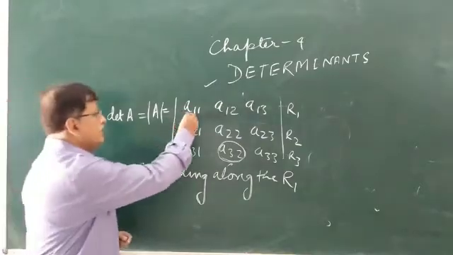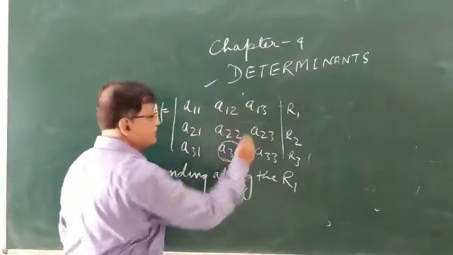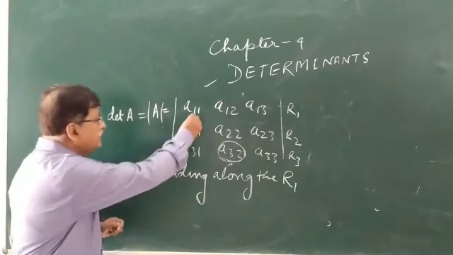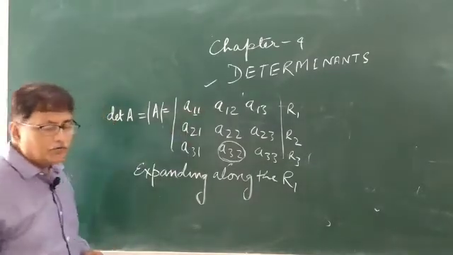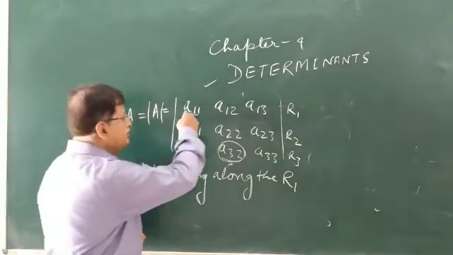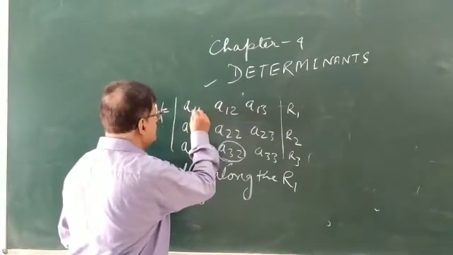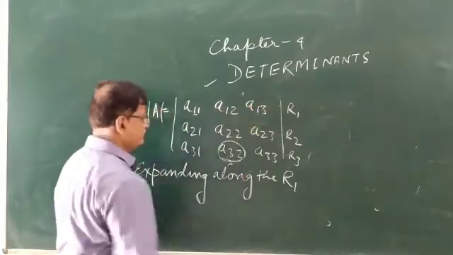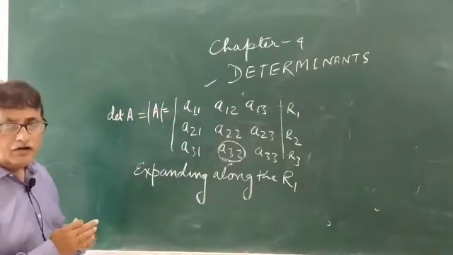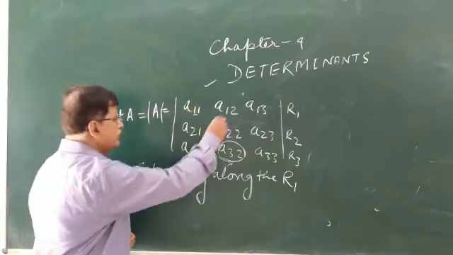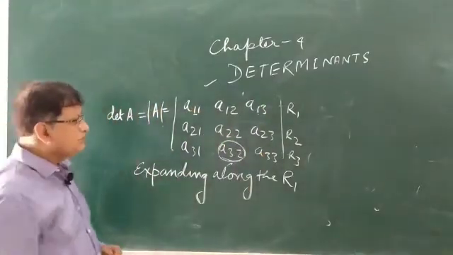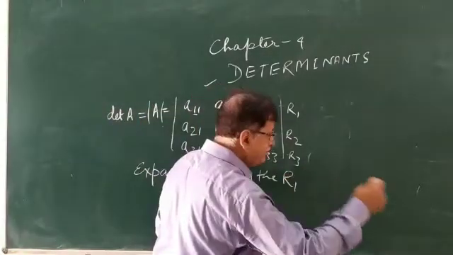See this, A11, A12, A13. So you see first value is considered a row. So that is R1. So see first position is considered row. So here 1, 1, 1. But you see columns are changing. First column, second column, third column. It is very clear.